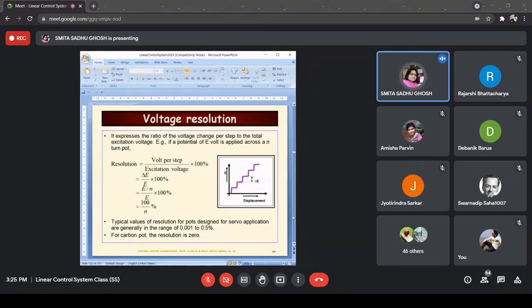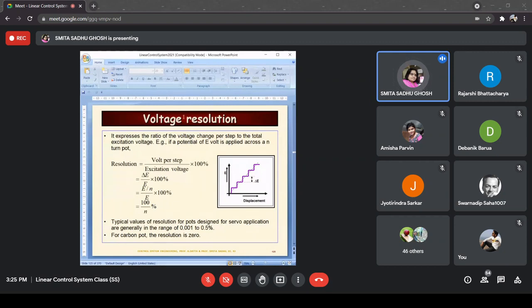This is what we call voltage resolution. We have studied what resolution means, but we have not yet got an expression for it. Resolution is defined in two ways, as we will see, one of which is known as the voltage resolution.